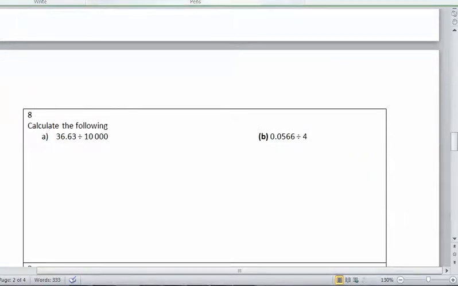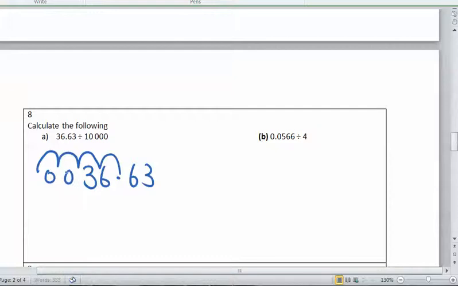These ones should be easy. 36.66, 36. Shh. It's getting a bit noisy. 1, 2, 3, 4. The decimal point goes here, so our answer is 0.003663.